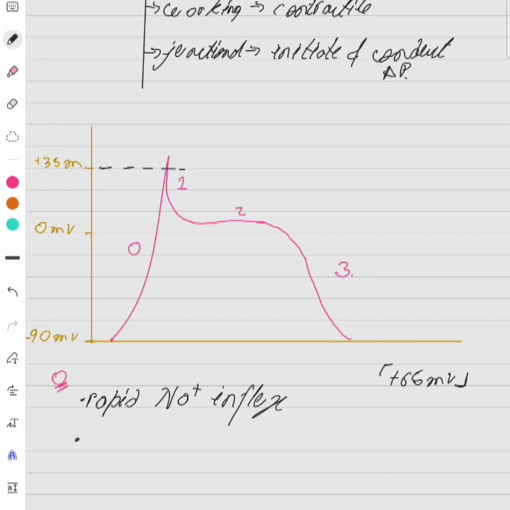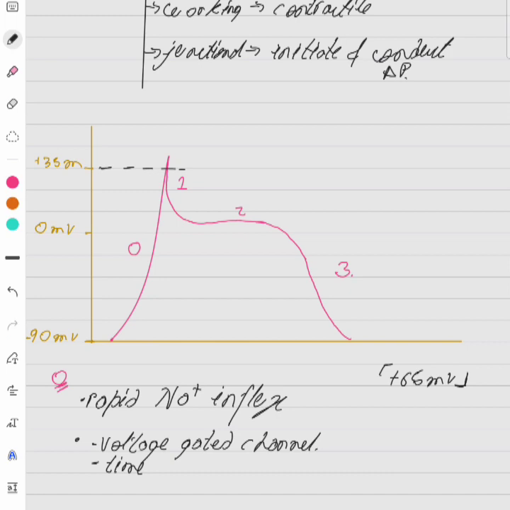First of all, the sodium influx is regulated by voltage gated channels. Second, it also depends on the time for which these channels are open.